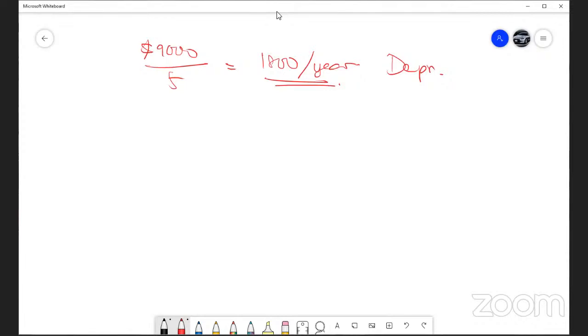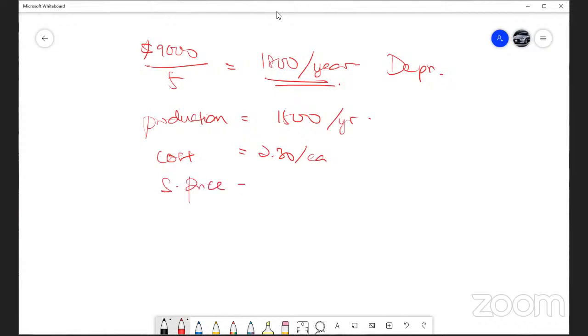So just write down: production is 1,500 per year, cost is $2.30 per unit, and selling price is $4.75 per piece.